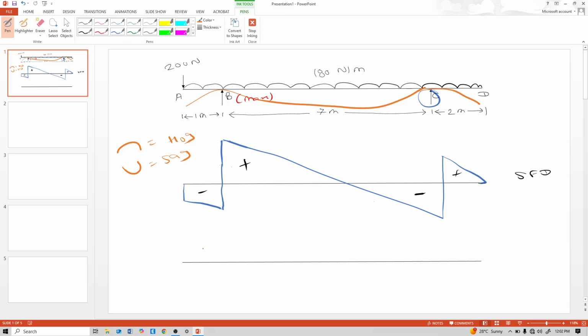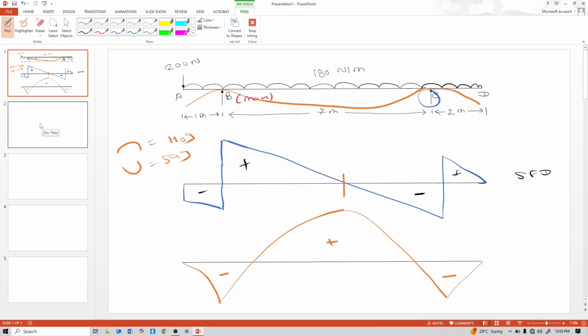At the cantilever A end, there is zero moment. So this is like this. See here, shear zero means moment maximum. Again it drops down, and again hogging, like this. This is positive, negative, negative.